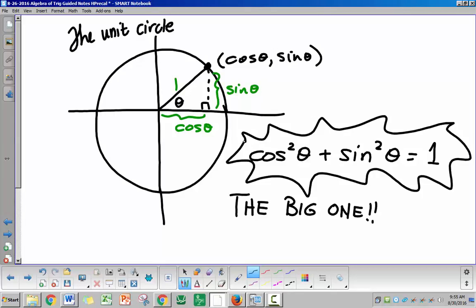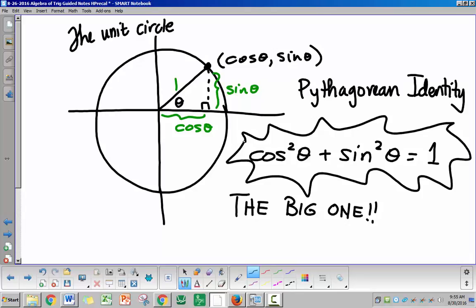It's an identity because wherever you see cosine squared theta plus sine squared theta, you can replace that with a 1. So this is the Pythagorean identity. It's the very first one.